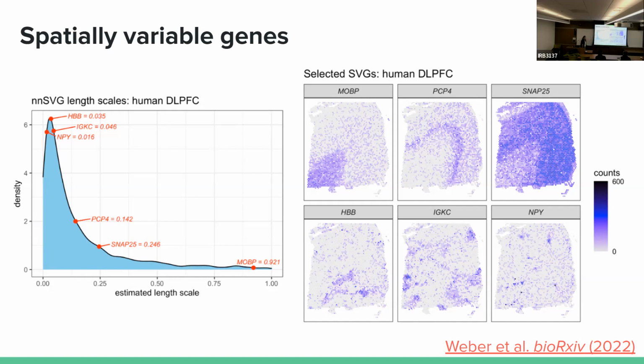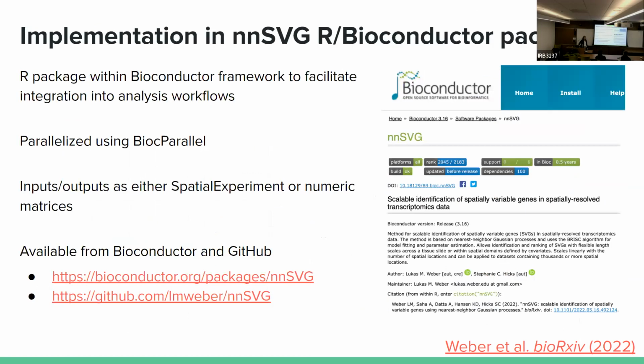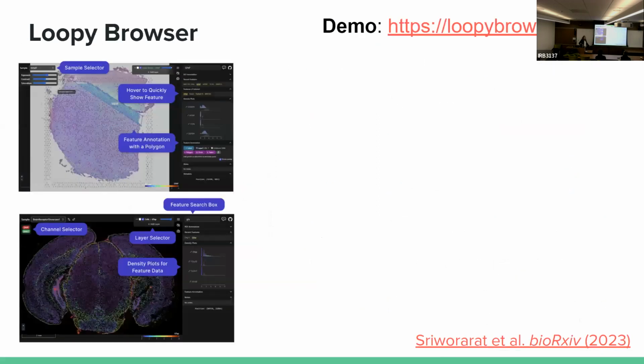So we think that this really helps us better accurately estimate which genes are most spatially variable, versus fixing this at a particular value, which is what other methods do. We're able to accurately recover interesting spatially variable genes. There's a Bioconductor package that exists for this if you're interested in using it. Any questions on that? And then one last slide and then I'm done.